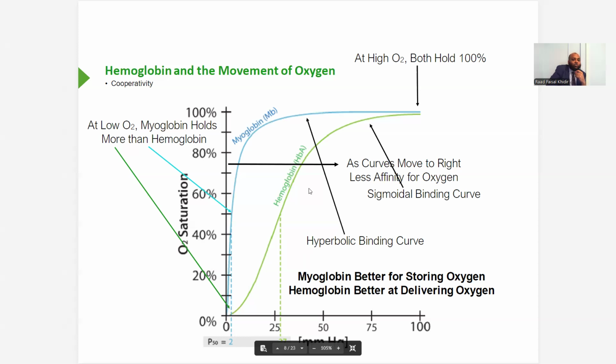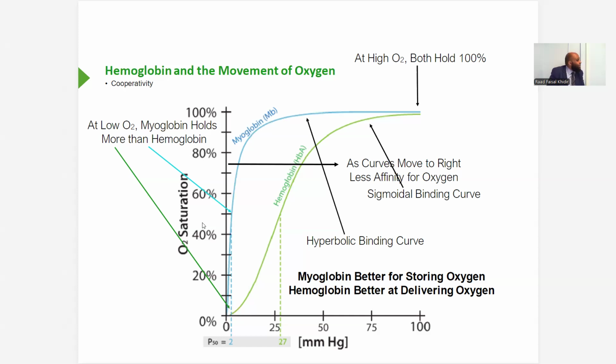So this graph shows you that hemoglobin will let go when there is low partial pressure of oxygen. It has low saturation. It doesn't make sense for hemoglobin to be saturated with oxygen in a place that has no oxygen, like in tissue, a place suffocating, needing oxygen for oxidative phosphorylation, for aerobic respiration.